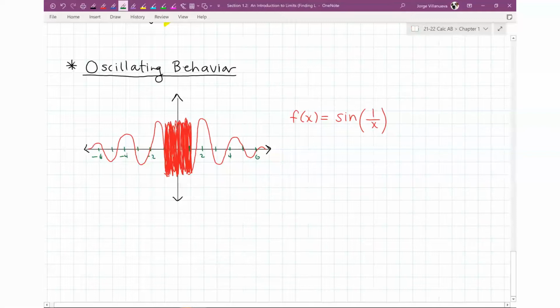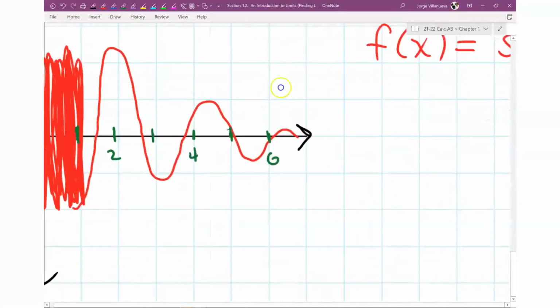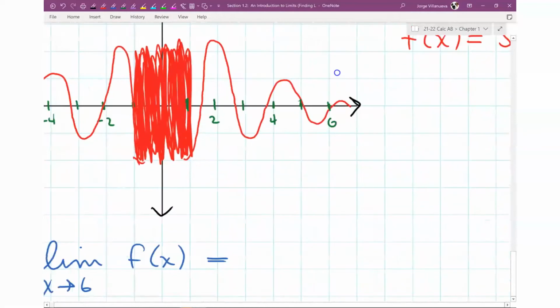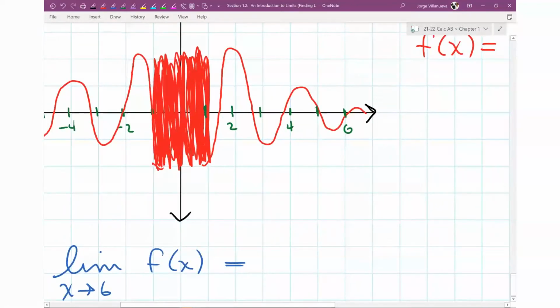So, for example, if I were to ask you, what is the limit as x approaches 6 of this function, what would you say if you kind of had to give it a guess? They both crash at what height?